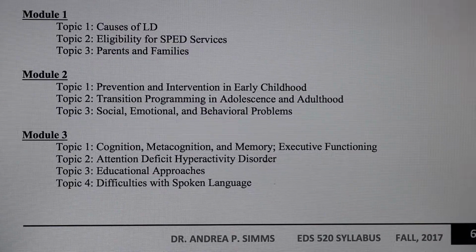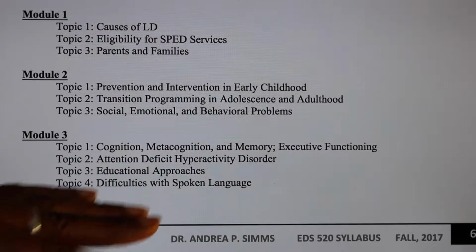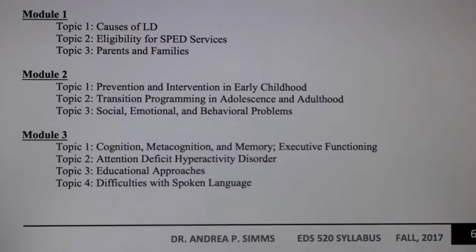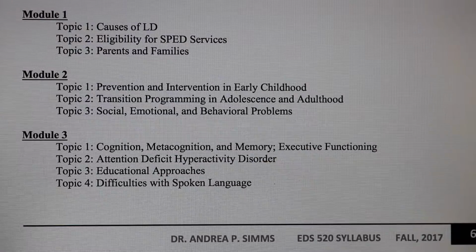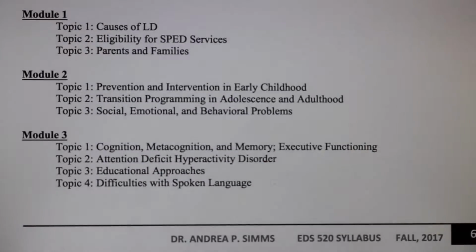If you feel like you've already had enough of that content, you would be able to move a bit more quickly through module 3, because I will allow you to skip the ADHD section if you've done EBD and you've had that with me, because we really covered ADHD extensively.